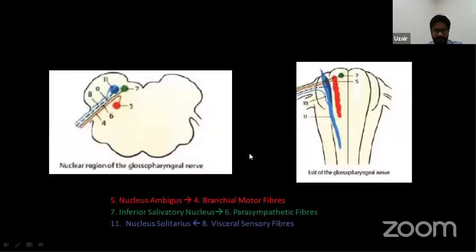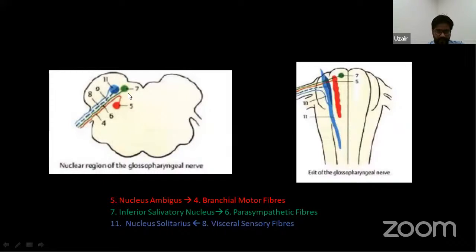So here again we have the brainstem, different views showing the nuclei. The color coding, if you follow, we have the nucleus ambiguus that provides the branchial motor fibers to the only muscle that is stylopharyngeus. So this one is the nucleus ambiguus. It is going to give rise to the fibers of special visceral efferent.